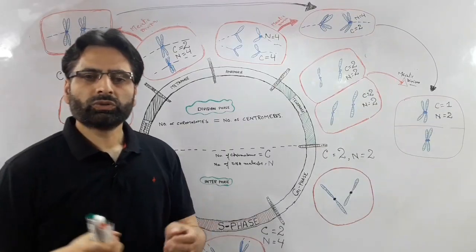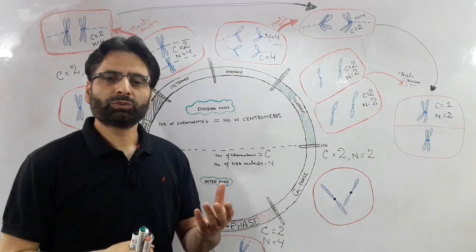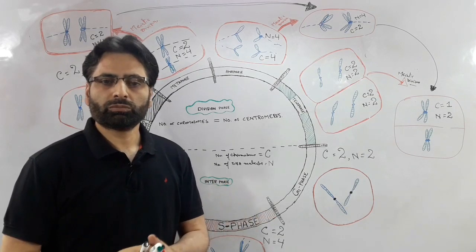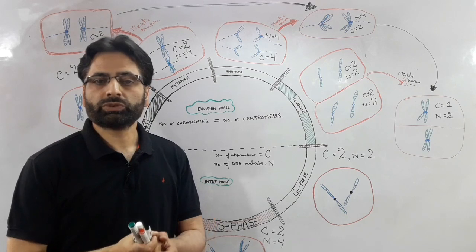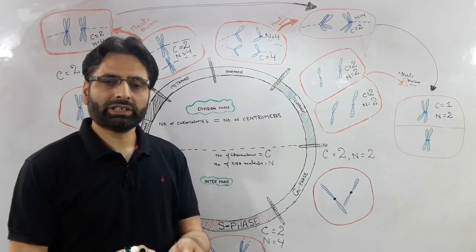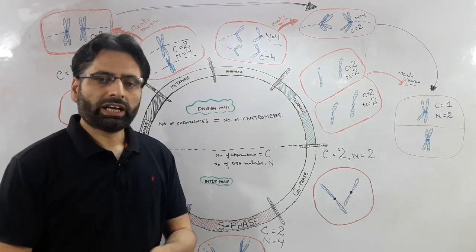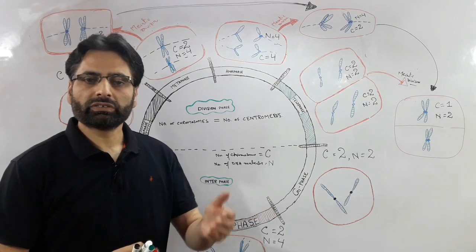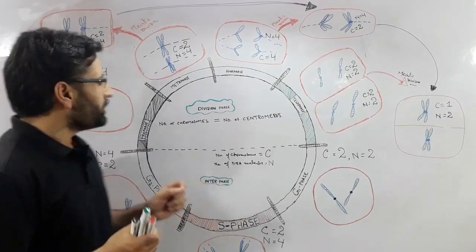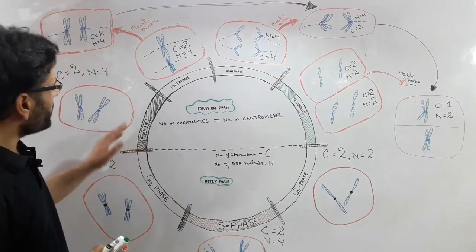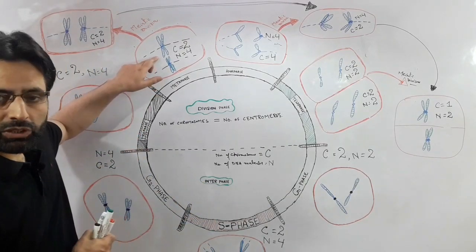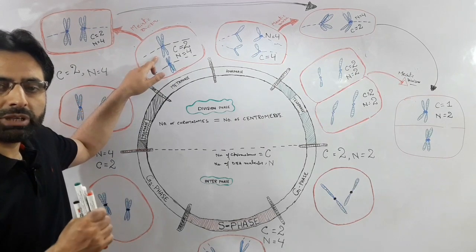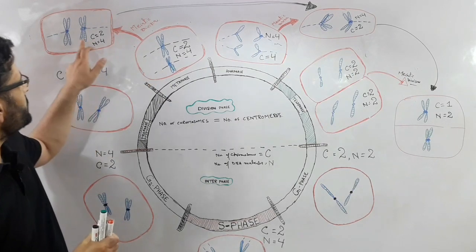Now let us try to understand the variation of chromosome number and the DNA molecules in meiotic first division, because meiotic first division is the reduction division and meiotic second division is the same as the mitotic division, or equational division. In meiotic first division, the arrangement of chromosomes at the metaphasic plate is different.